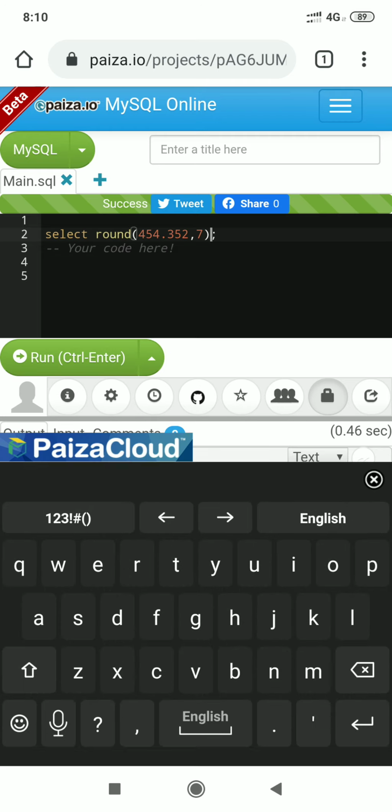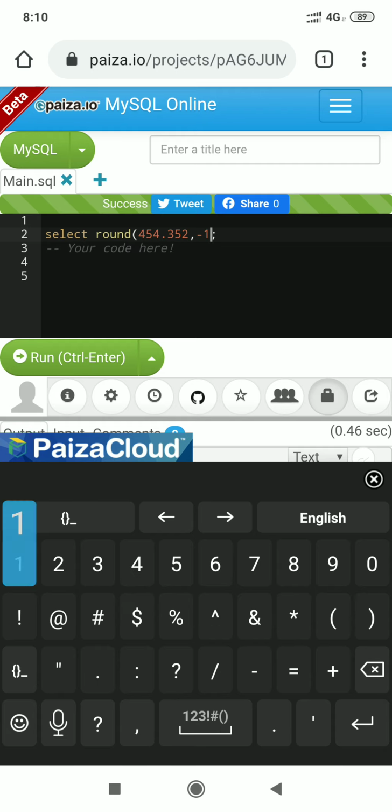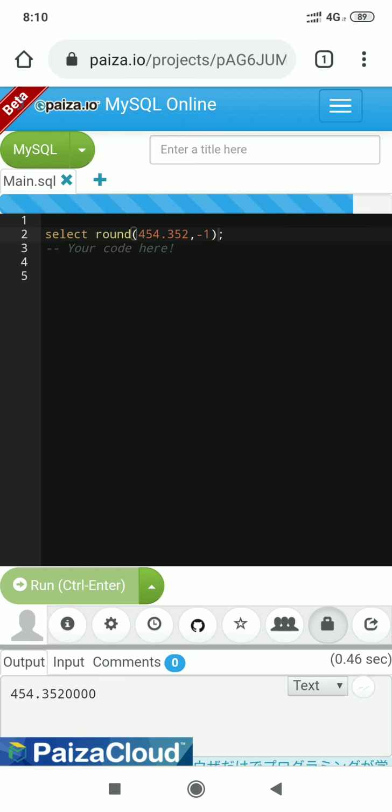Now we move towards negative rounding places. Now I write here -1. At the -1 position the value is 5 and its right side value is 4. 4 is not greater than or equal to 5, that's why 4 5 and the next value will be 0.